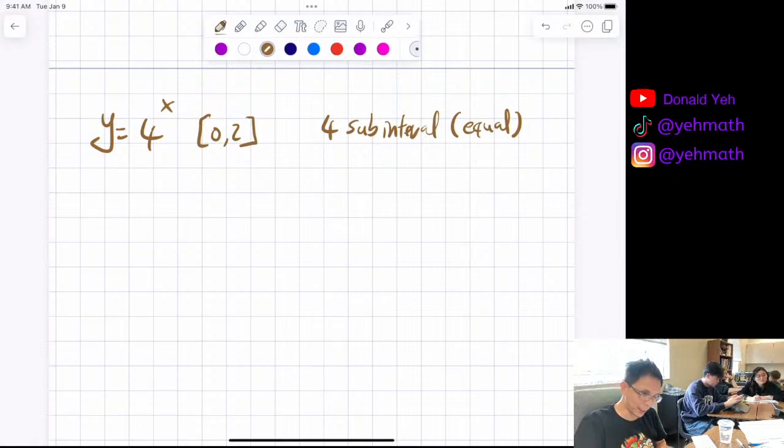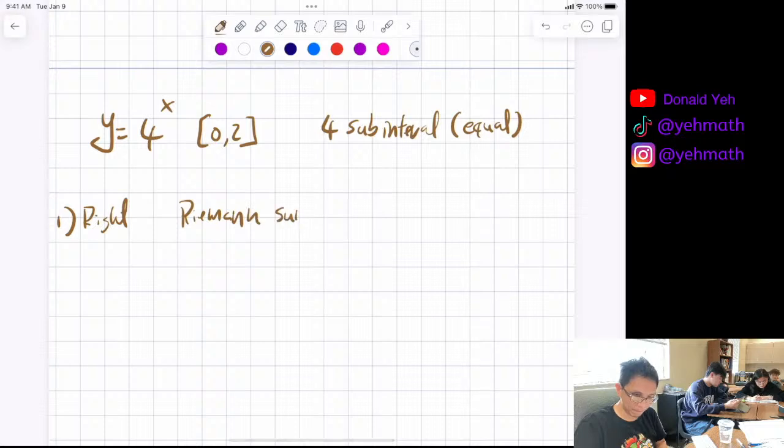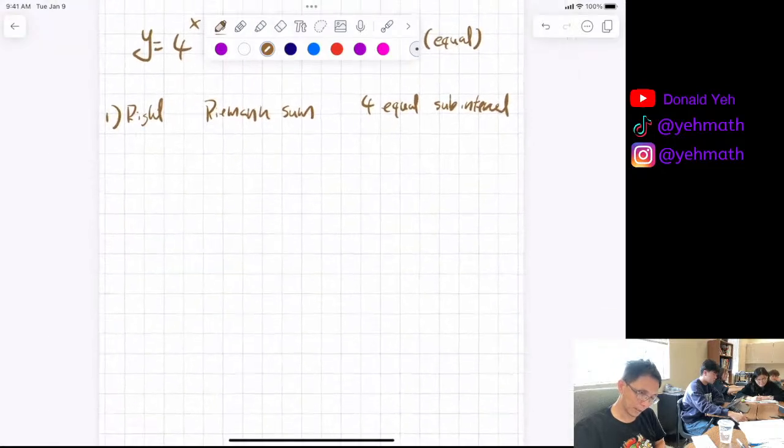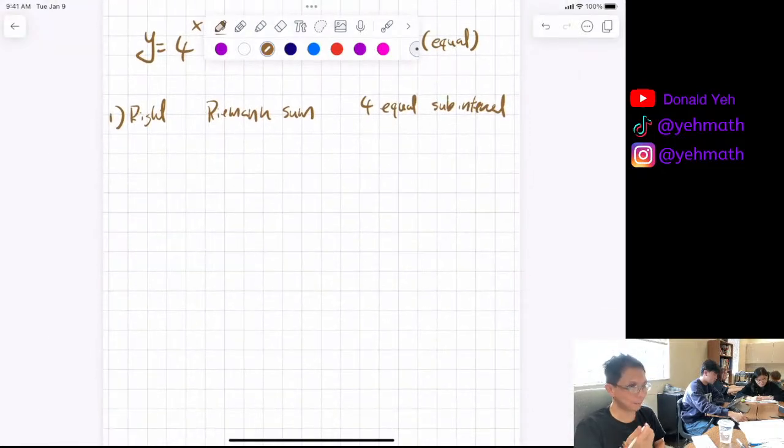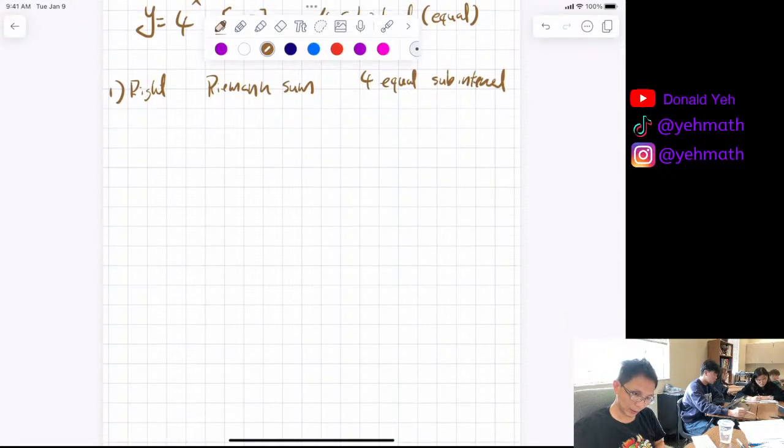Now, first part, I'm going to use the Riemann sum with 4 equal subintervals. So this is the first type of approximation. Second type of approximation is this.